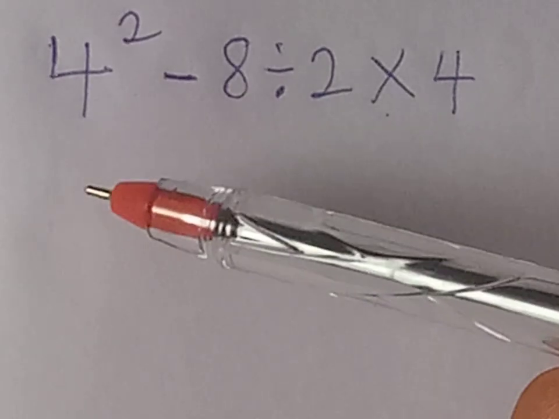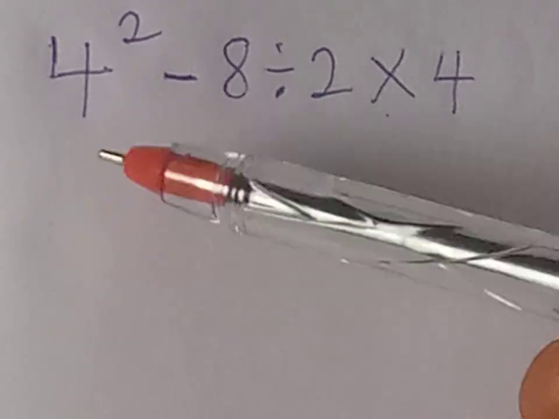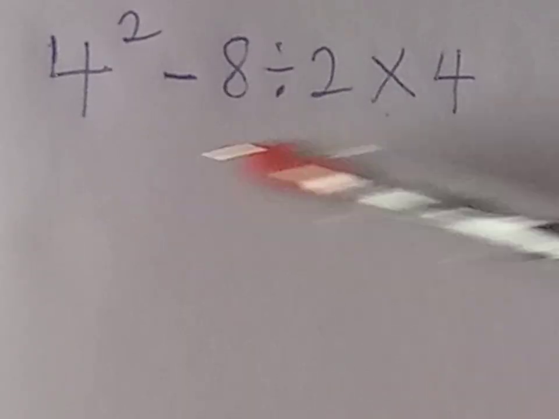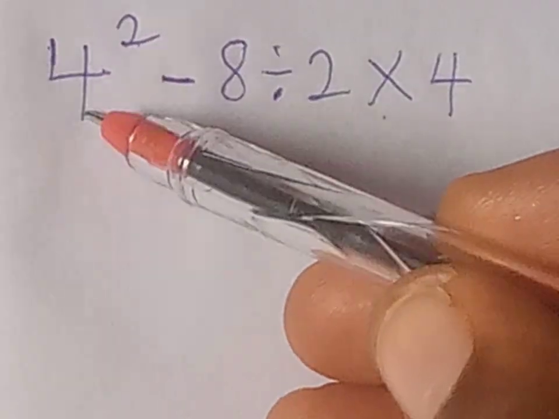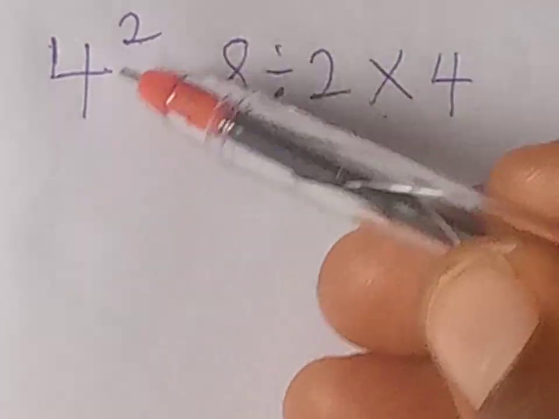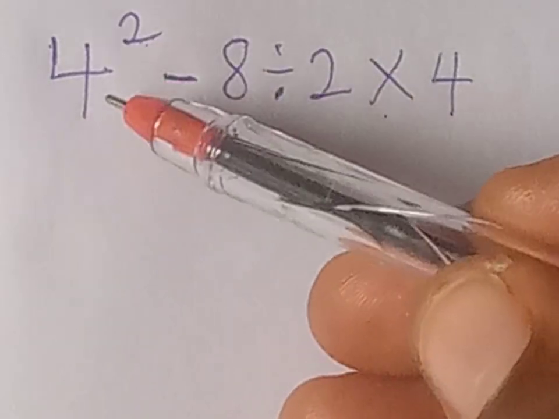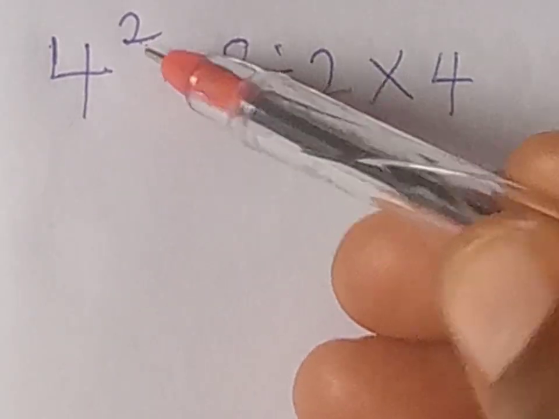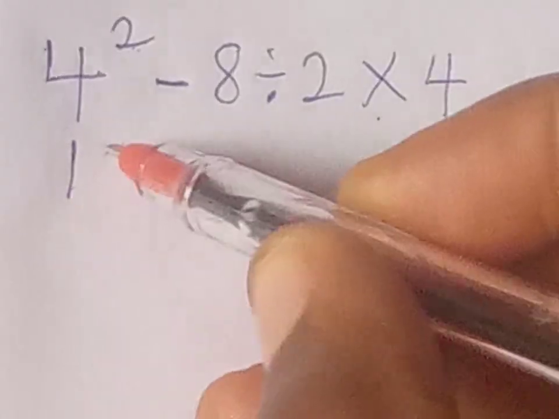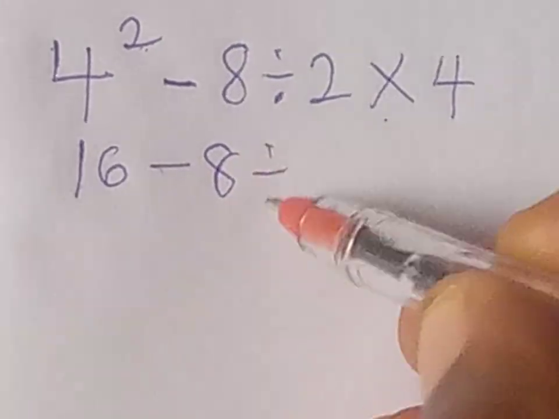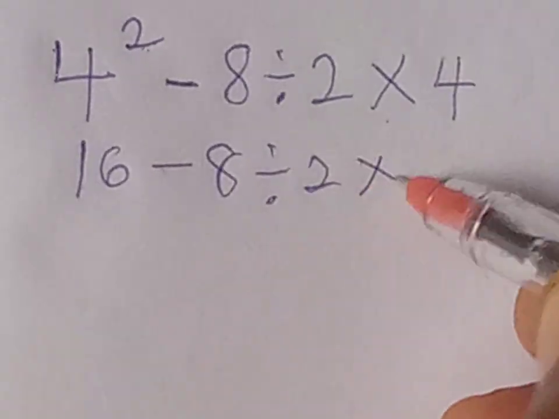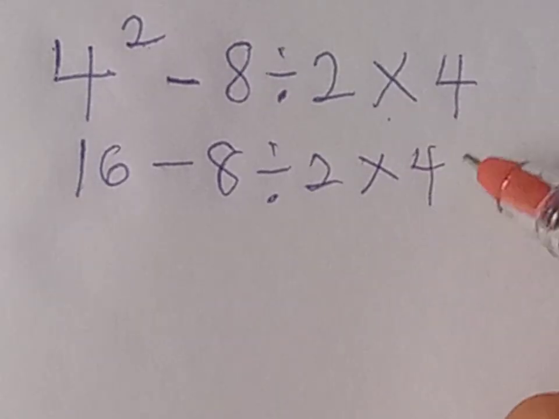Actually, they started on a good note from the exponent angle, and they solved it this way. 4 exponent 2 means what? 4 multiplied by 4, not 4 multiplied by 2. So 4 multiplied by 4 will give us what? 16 minus 8 divided by 2 multiplied by 4.